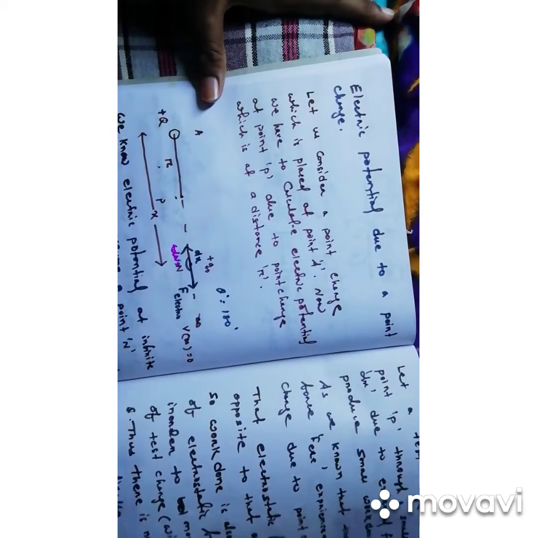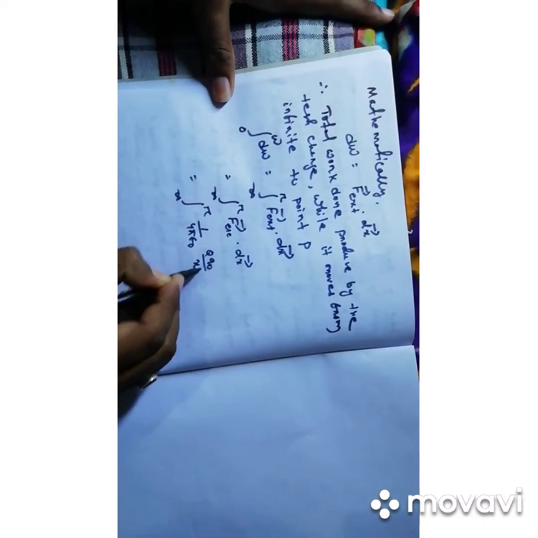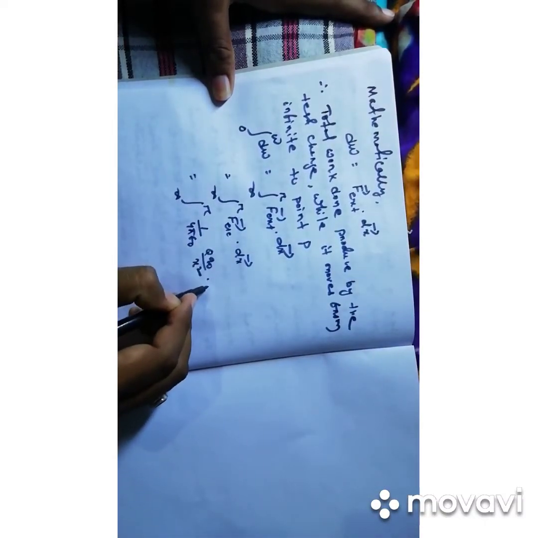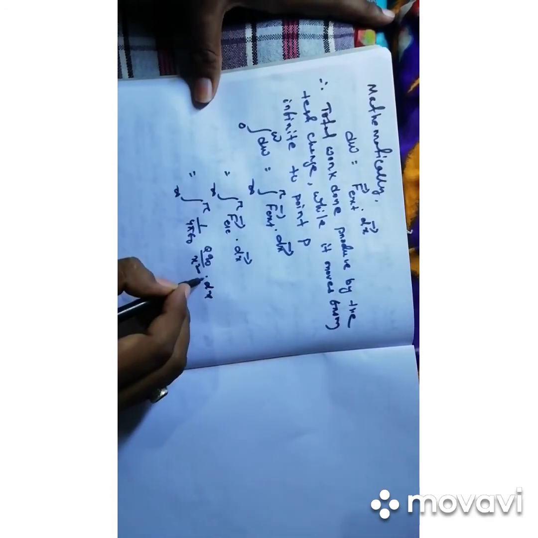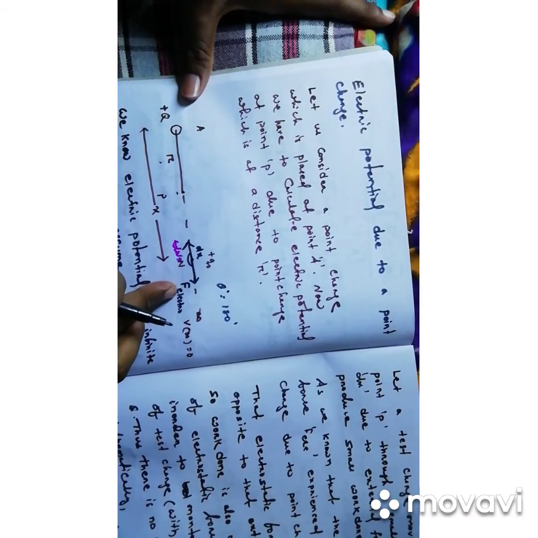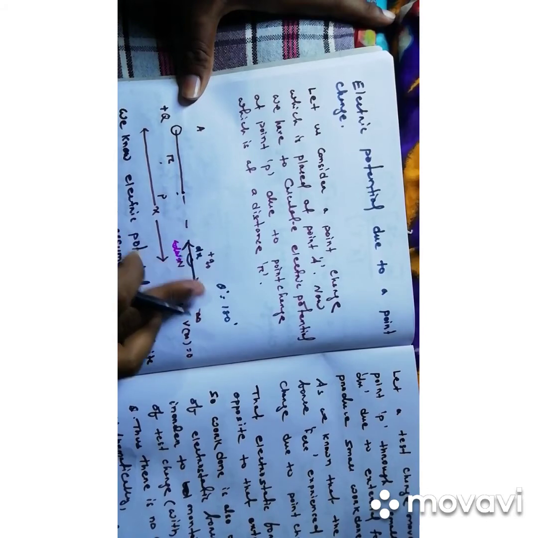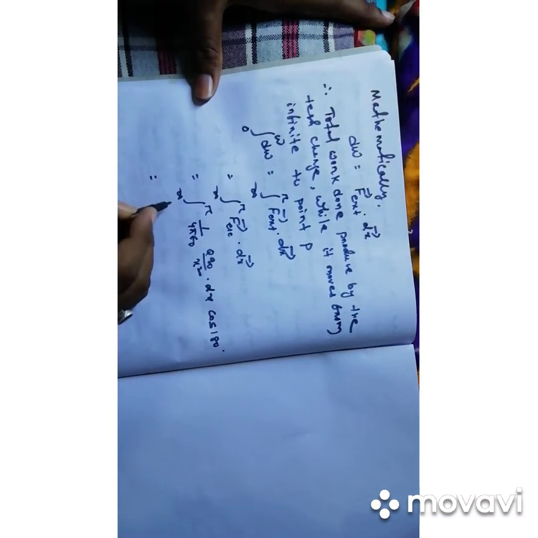The total distance between them is x square, into dx cos 180 degrees, because the electrostatic force and the external force, that means work done, are in opposite directions, so the angle between them is 180 degrees. That implies that the total work done can be represented as W.